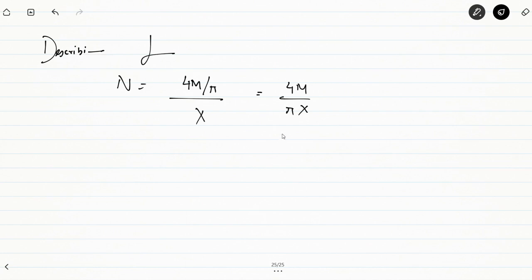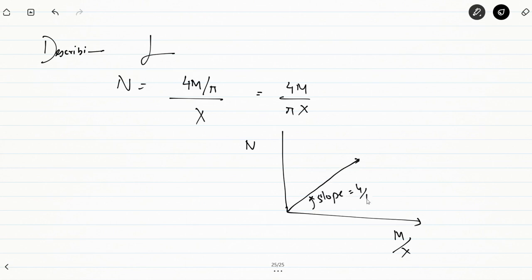In other words, you can also say that if you plot N versus m by x, you'll get a straight line with a slope of 4 by pi. So N is equal to, this is simply y is equal to m x, a straight line where m is your slope.